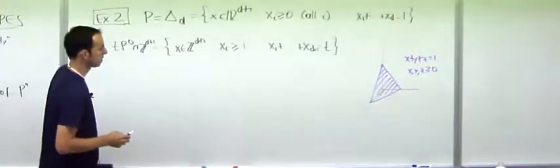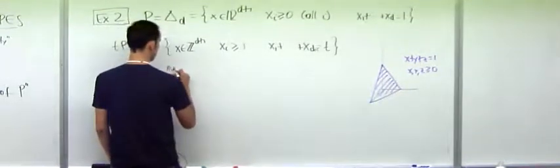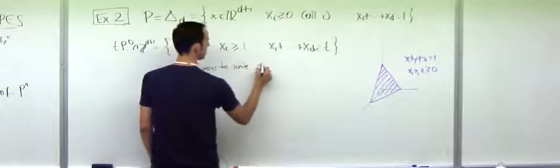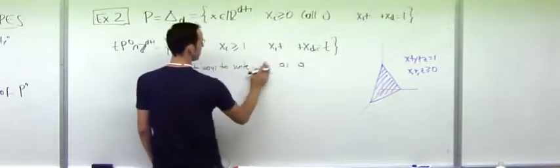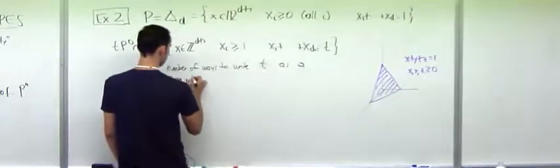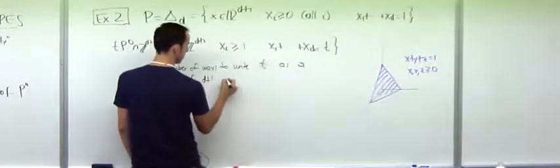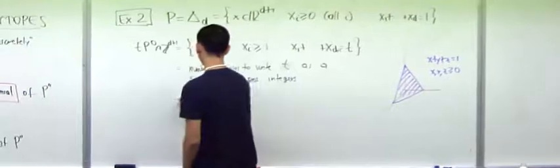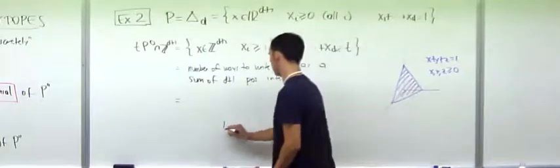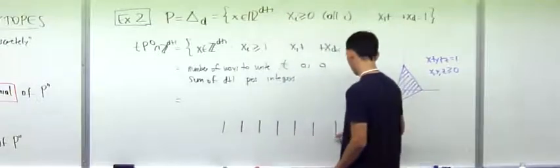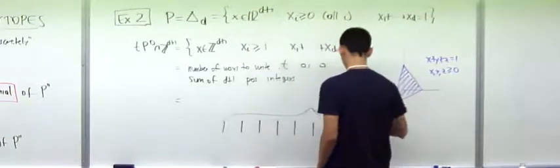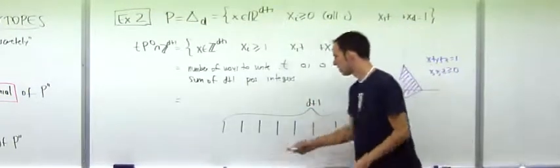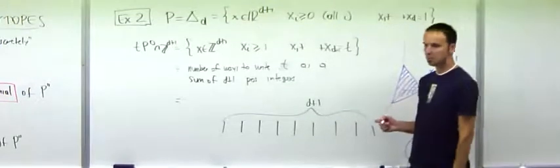There's a nice trick to do this. So, well, let me spell it out. Number of ways to write t as a sum of d plus 1 positive integers. And there's a nice trick to count this, which is to say, well, let me take t once... Okay.